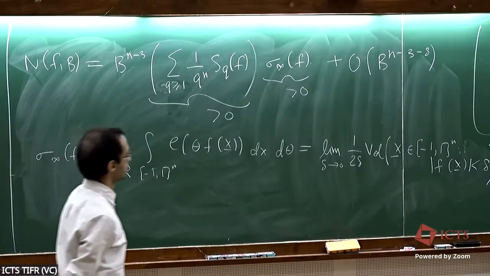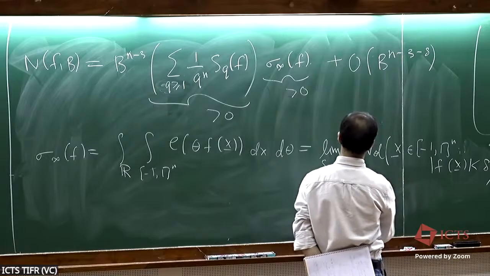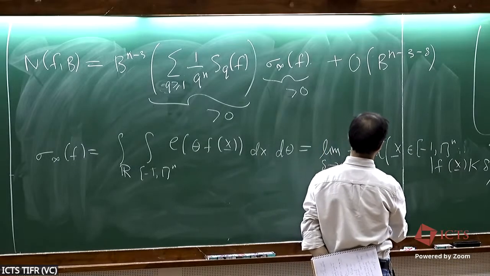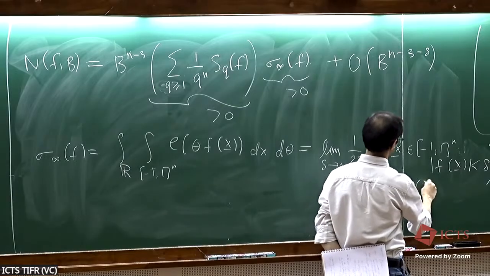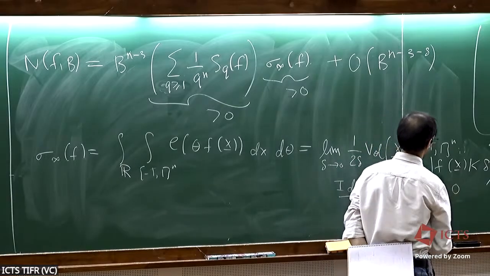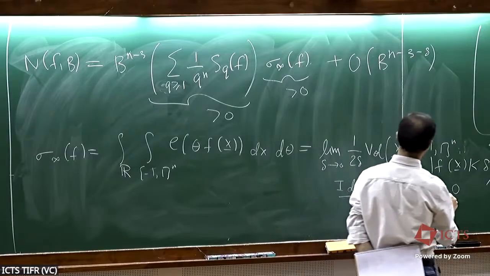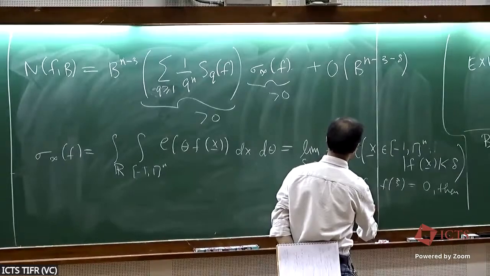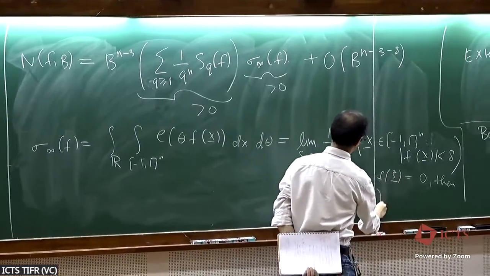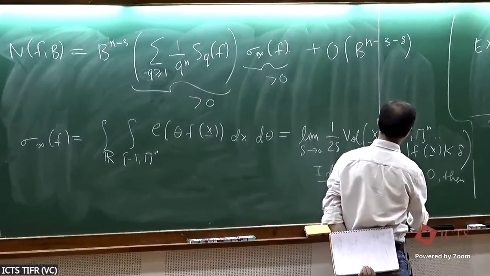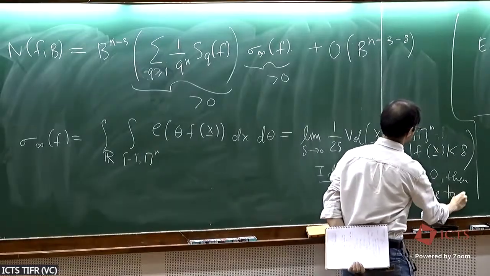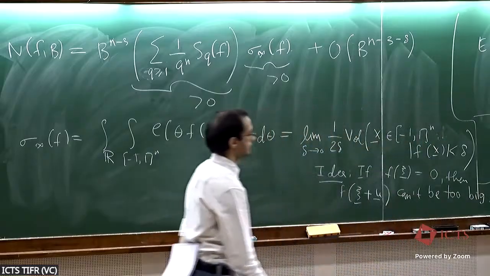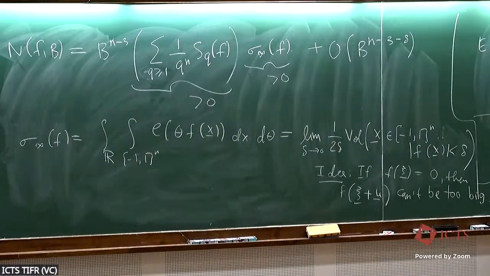So the idea basically is that if f of some psi is equal to 0, then f of psi plus u can't be too big. So that's basically what it is.